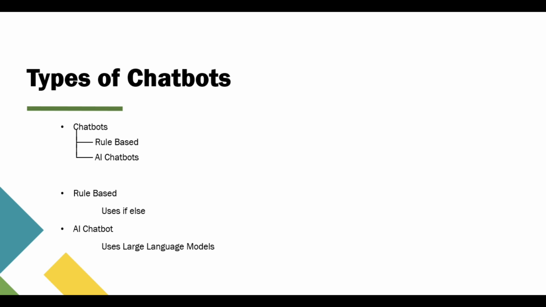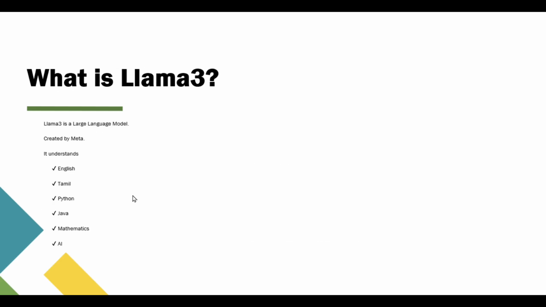That is called a predefined rule-based chatbot. The advantage is that it is fast and simple. When I talk about disadvantages, it cannot think, cannot learn, and only limited responses will be given in a rule-based chatbot.